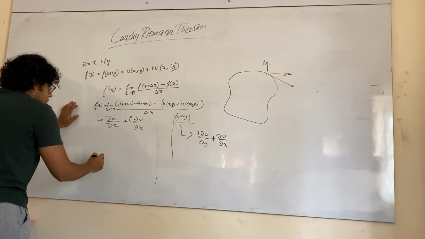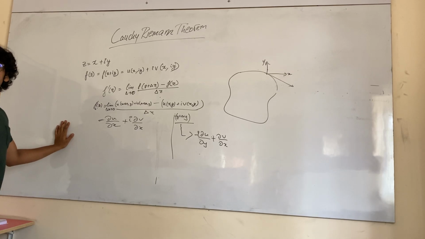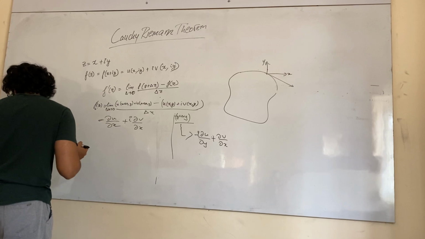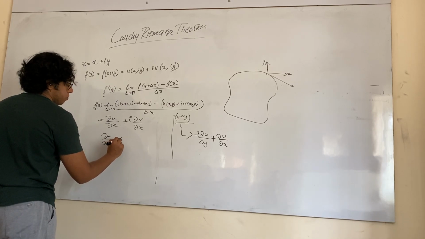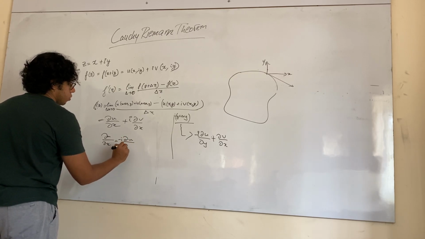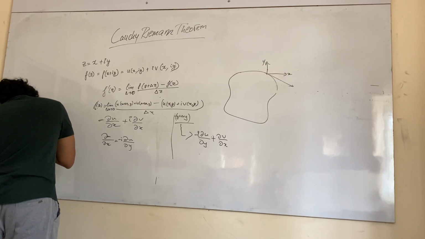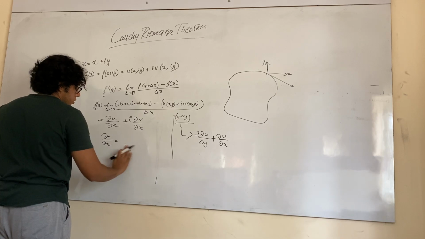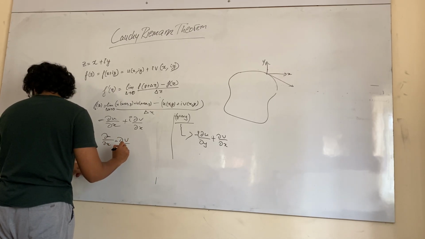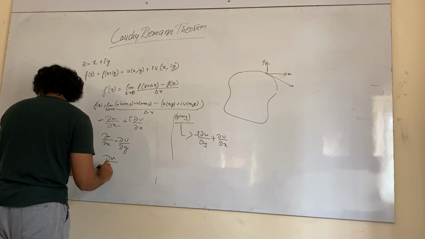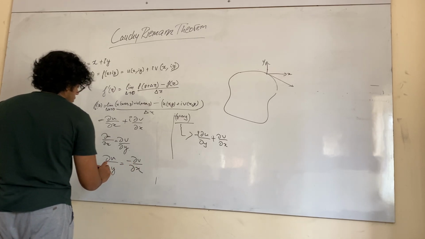Therefore you end up with the relation. du by dx is equal to dv by dy, and du by dy is equal to minus dv by dx.